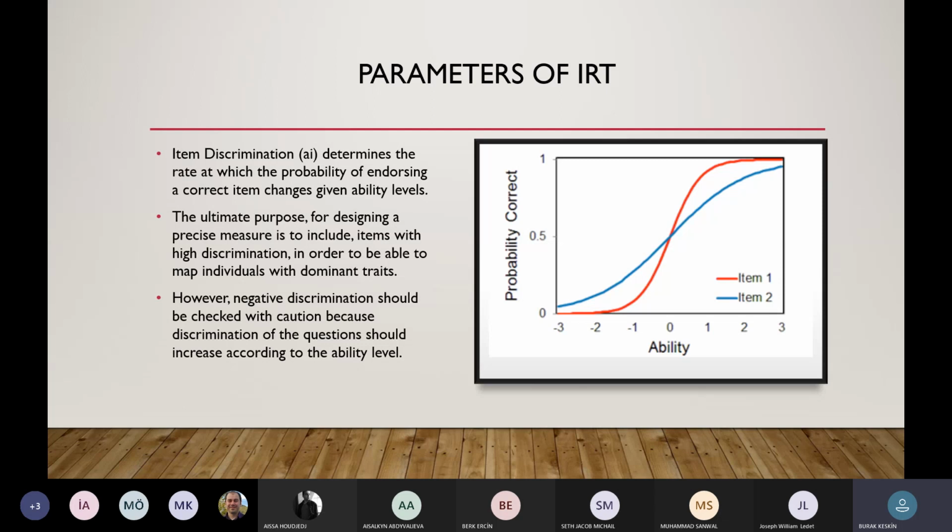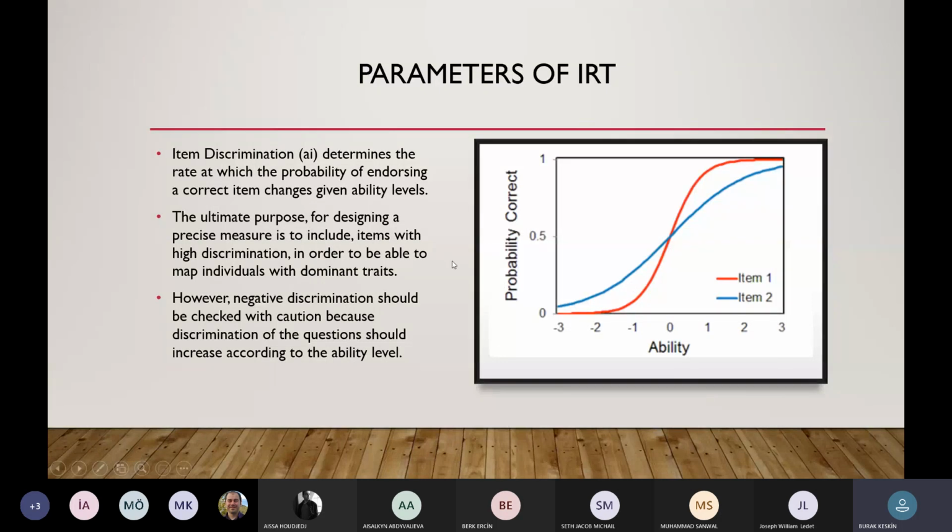To prevent this case, negative discrimination should be checked, because discrimination of the questions should increase according to the ability level. We cannot say that people with low ability knew the harder question, or that he or she may be a higher potential we missed. There is no such thing.